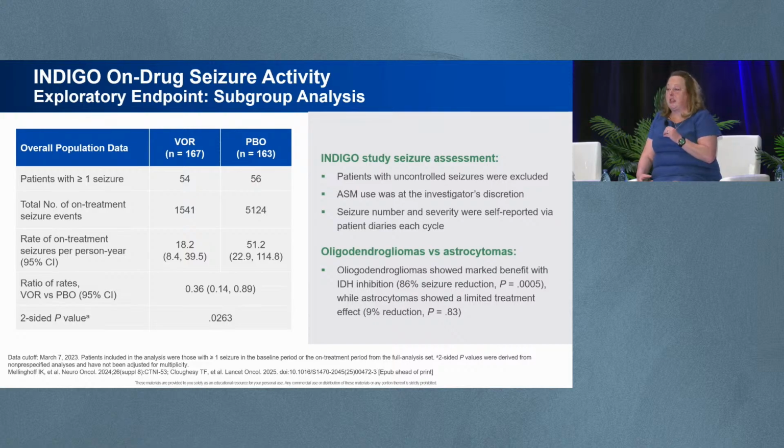What was interesting is that when you looked at the forest plot for the INDIGO study with regard to other survival metrics, there wasn't a significant difference between astrocytoma and oligodendroglioma, but for seizure control there was. Patients with oligodendroglioma enjoyed a greater benefit of seizure control with vorasidenib versus placebo than patients with astrocytoma.